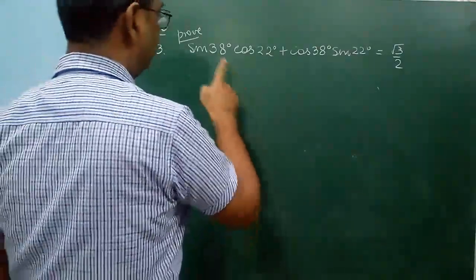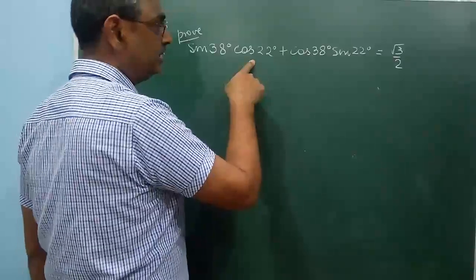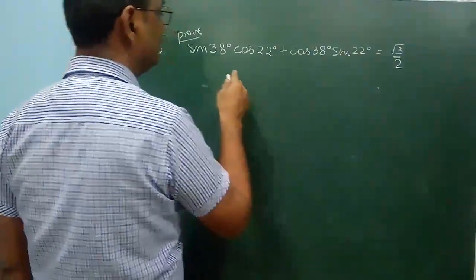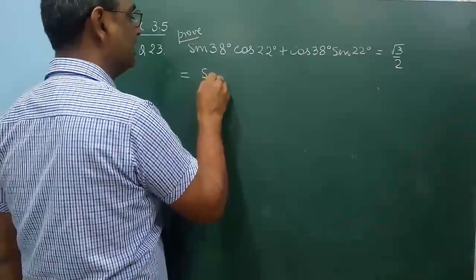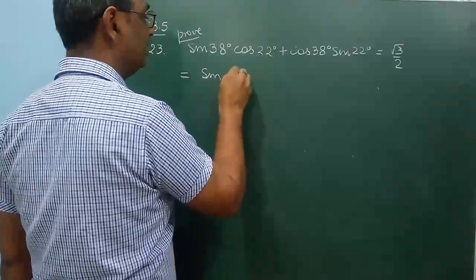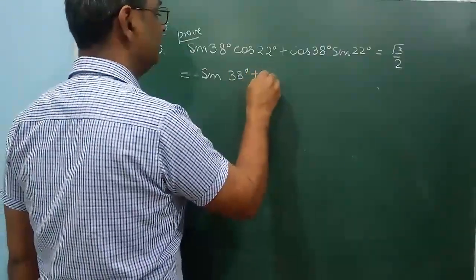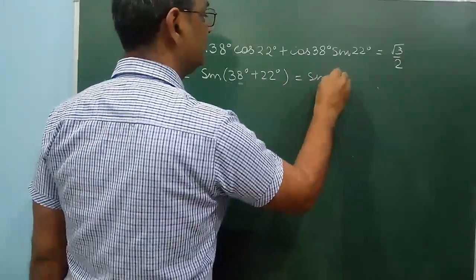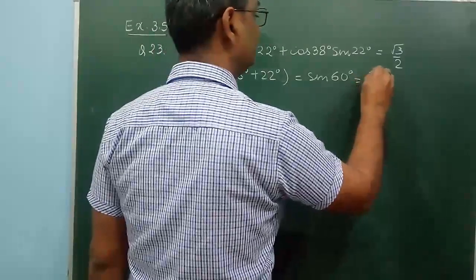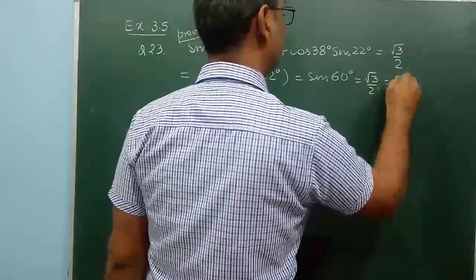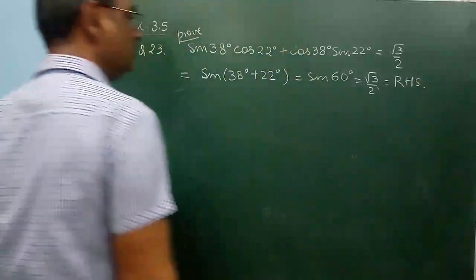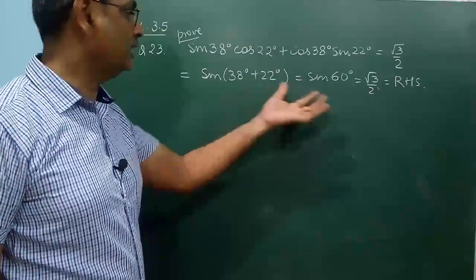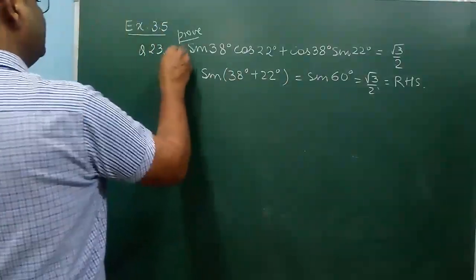This is the formula sin c cos d plus cos c sin d, correct? The formula is sin(c plus d), meaning sin(38 plus 22 degrees) equals sin 60 degrees, and this equals root 3 by 2, equal to RHS. So you just have to see which formula you can apply, find the total angle and find the value. This was the first part.